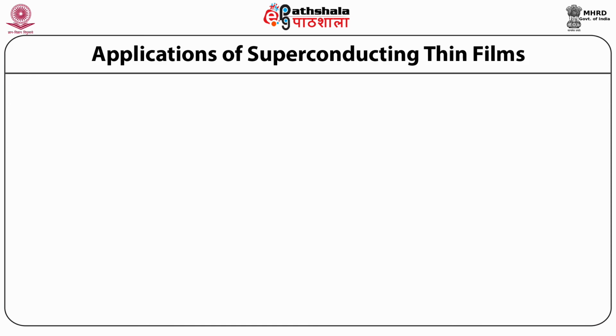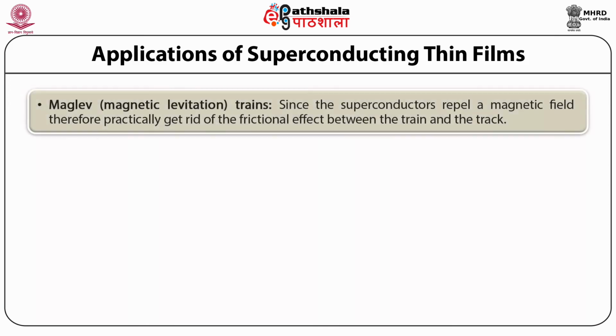One important application of superconducting thin films is maglev trains, which are also referred to as magnetic levitation trains. Since superconductors repel a magnetic field, they practically get rid of the frictional effect between the train and the track.